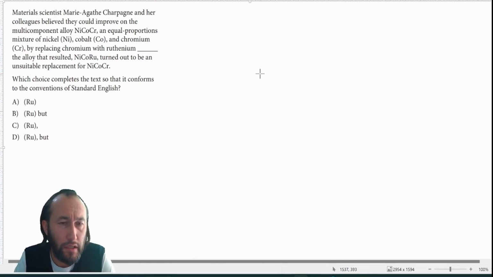A mixture of nickel, Ni, and then cobalt, Co, and chromium, Cr, by replacing chromium with ruthenium or whatever. And then we got the gap. The alloy that resulted in NiCoRu turned out to be an unsuitable replacement for NiCoCr.